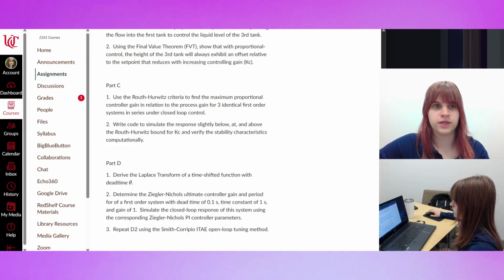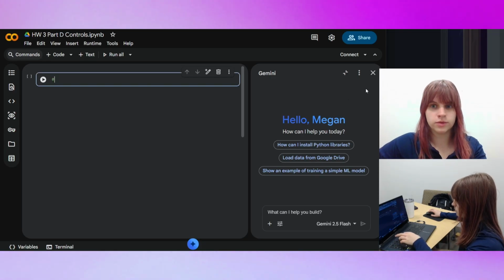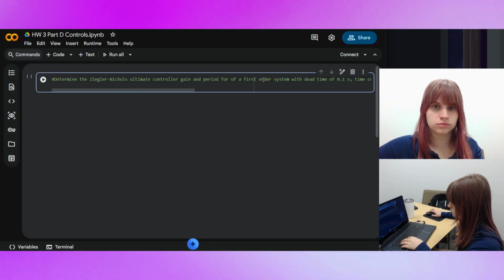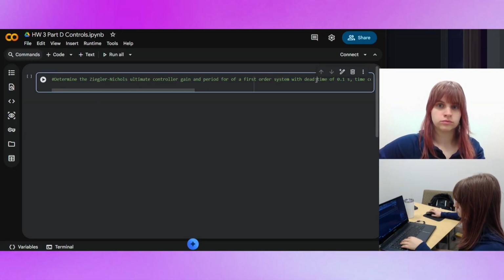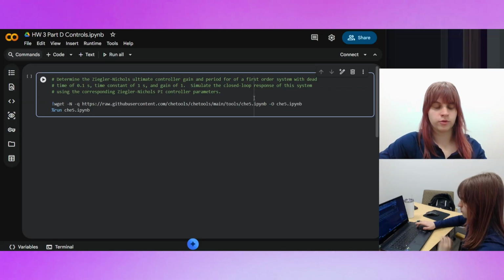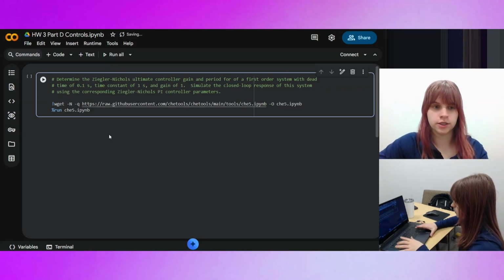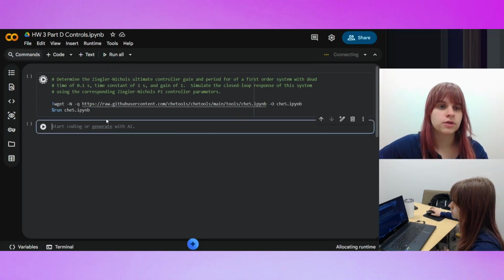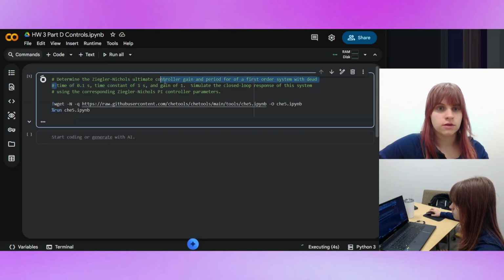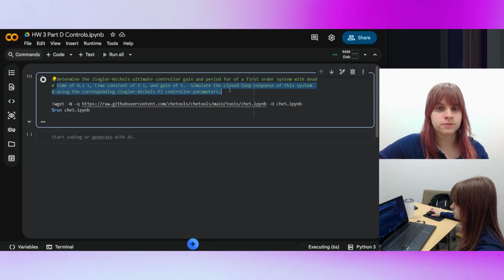I'm going to copy and paste what we're doing just so I don't forget, and I'm also going to put in our import that we usually use. So we're determining the Ziegler-Nichols ultimate controller gain and period for a first order system with these described variables.